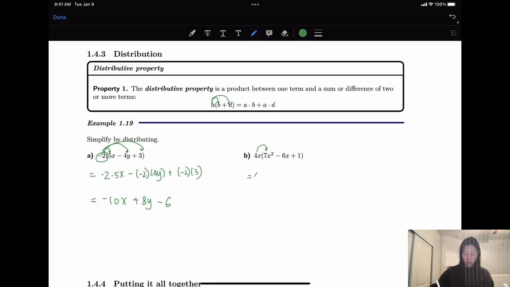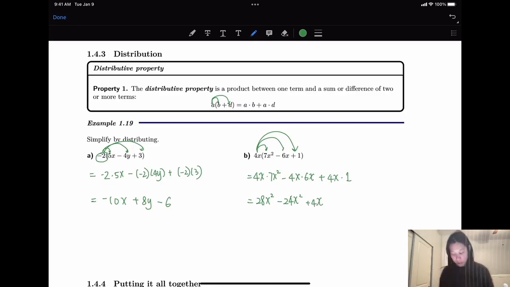Now 4x times 7x squared minus 4x times 6x and then plus 4x times 1. We distribute the 4x inside the parentheses. So I have 28x squared minus 24x squared plus 4x.